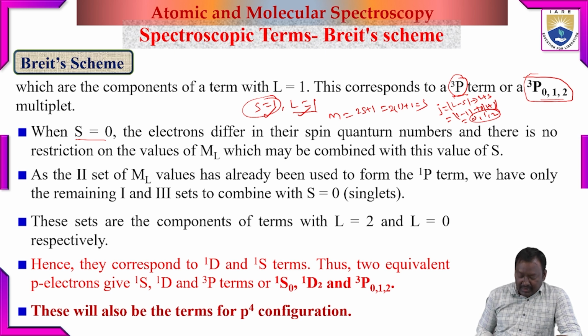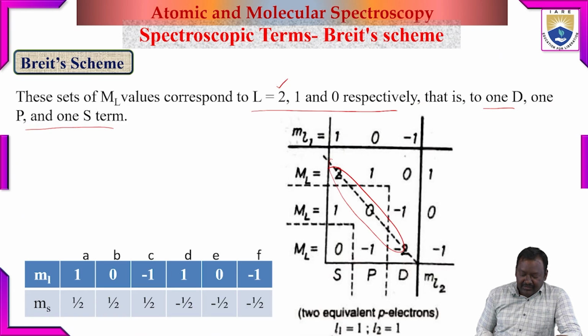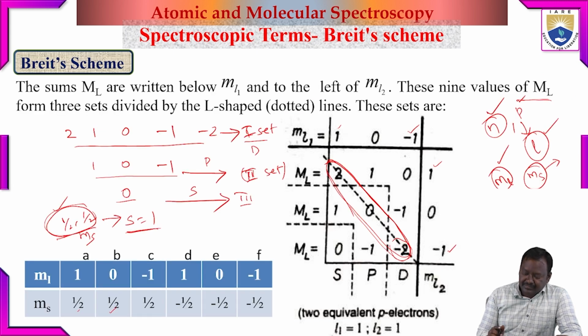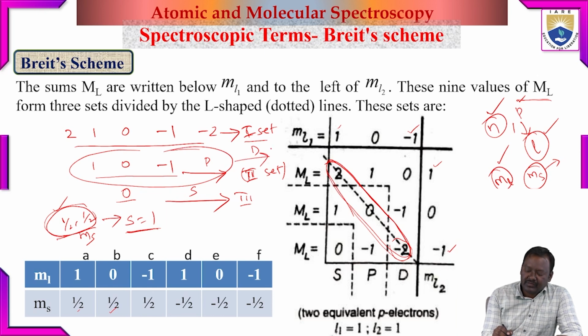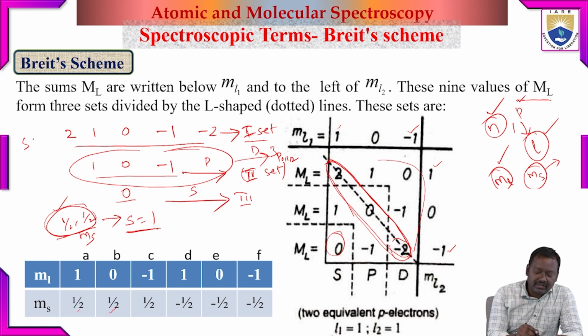From the above diagram you can see, this is already taken, completed, forming the term 3p 0, 1, 2. So the remaining ml values, this set or this set. So first set and second set are possible with s equal to 0.